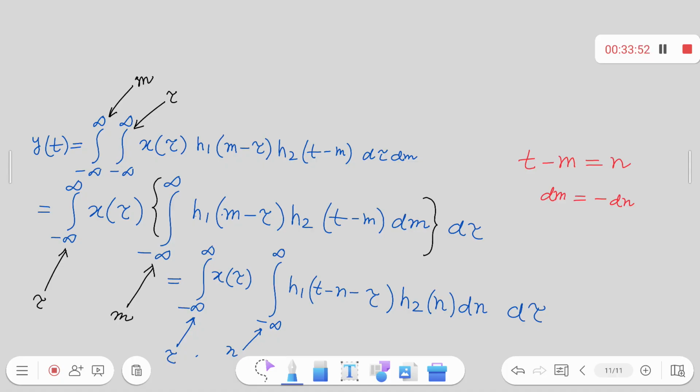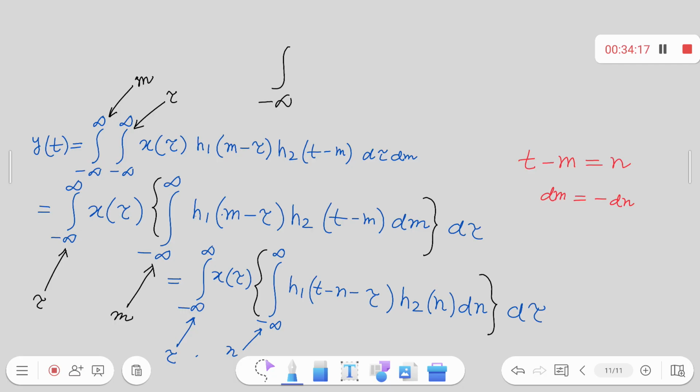Now, if you take a look at this thing inside the bracket, is it a known form to you?